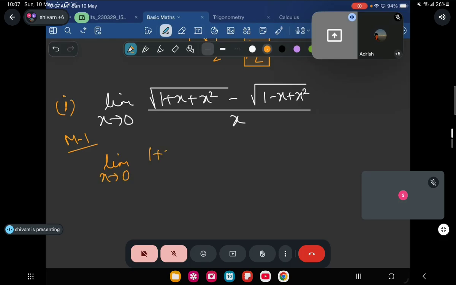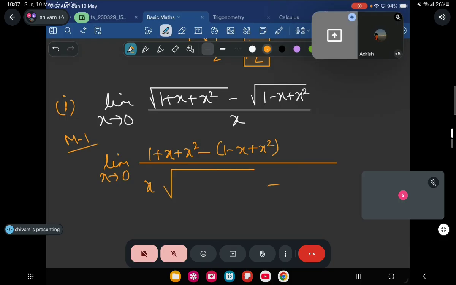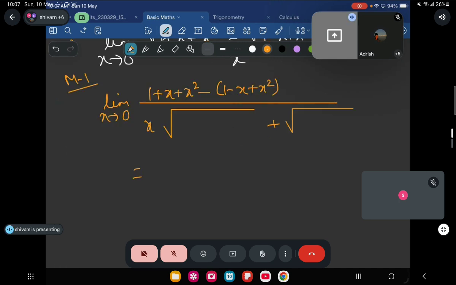So you will get 1 plus x square minus of 1 minus x plus x square, the whole thing divided by x into root plus root. Are you getting the one? Next in the numerator, 1 and 1 will get cancelled. Minus minus plus x is 2x, right? And x square will get cancelled. Divided by x into root plus root.